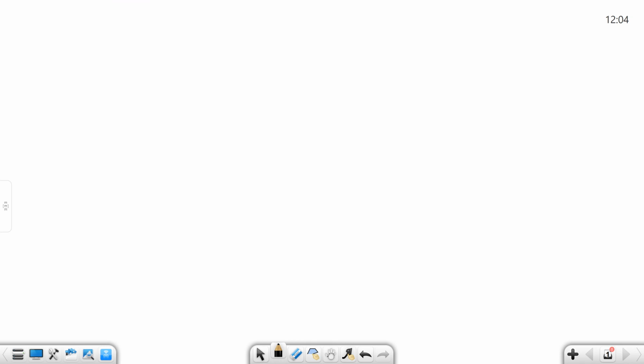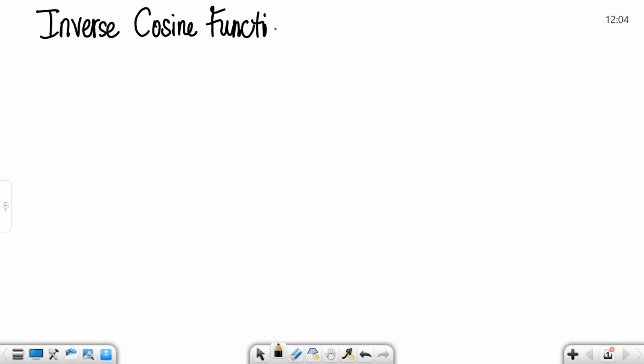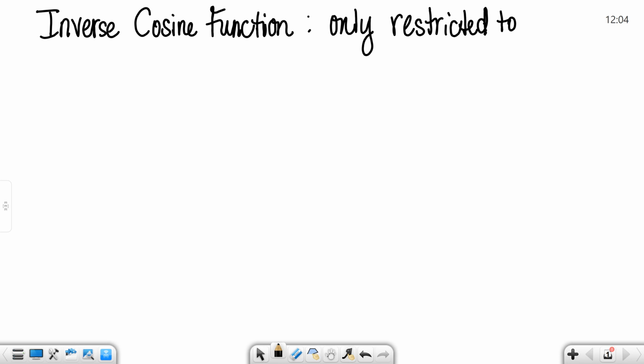So we can do not just inverse sine, we can also do inverse cosine. Our inverse cosine function is only restricted to these values between 0 and pi.